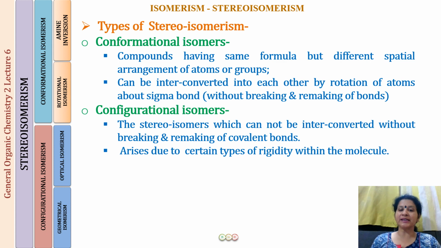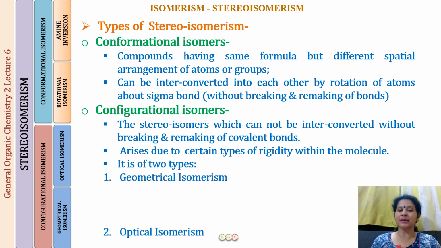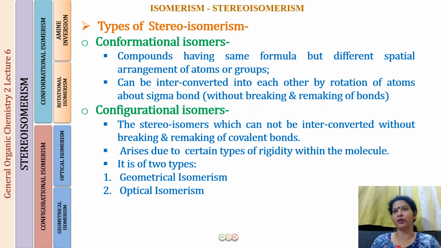This is something we are going to talk about in detail, because configurational isomers are of two types. One is geometrical isomerism and the other is optical isomerism. Geometrical isomerism is what we are going to discuss now. You will see that the stereoisomers we get cannot be interconverted without the breaking and making of new bonds.